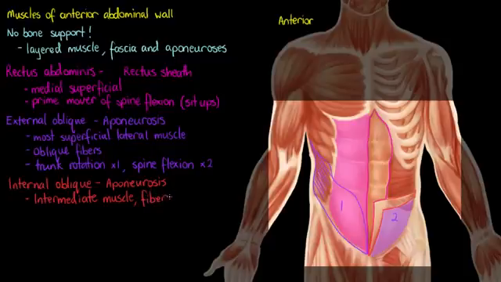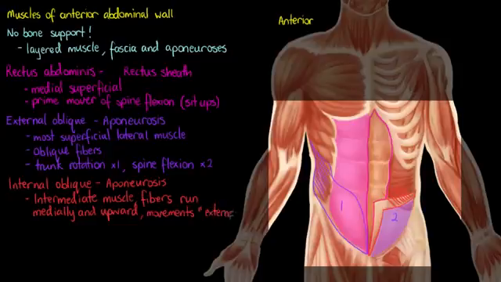Now the fibers of our internal oblique are going to be running medially and slightly superior as well, so slightly upward. So I'll just draw that now. The fibers we can see are running in the complete opposite direction to what the fibers of your external oblique are, and we'll talk about why that is at the end of this video.